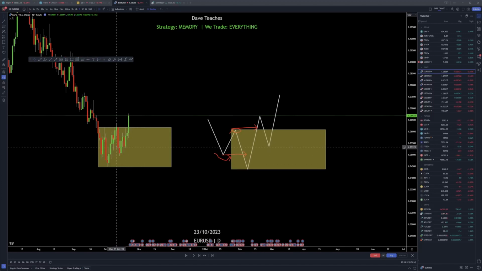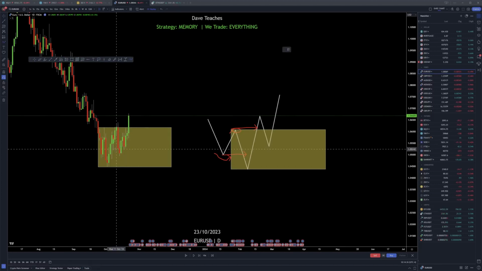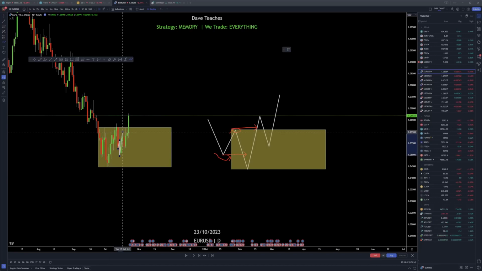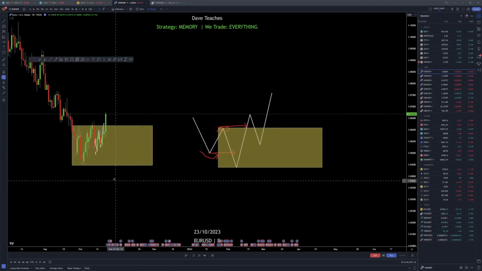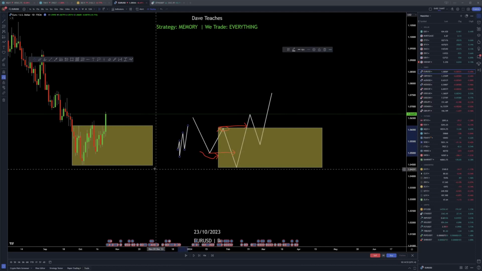But what do you notice about within here in the 50%? What you see is, since this is the daily, you see a lower time frame flip that happens inside of that daily zone. So more than likely, this is a 4-hour flip or maybe a 15-minute flip.